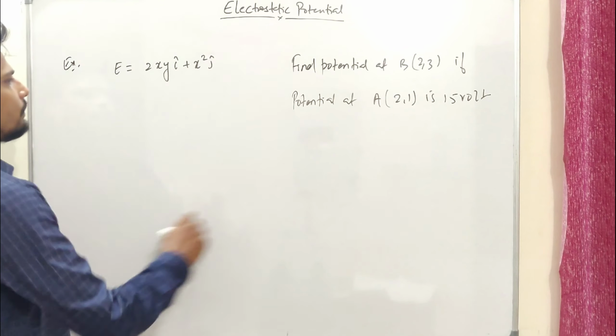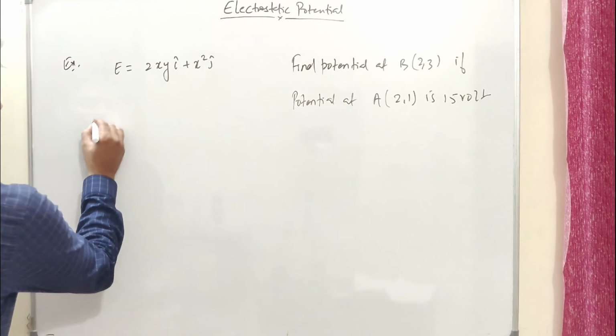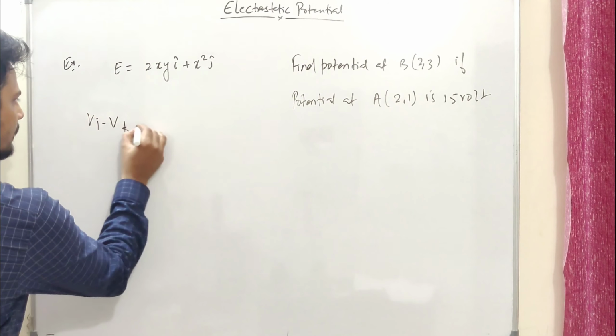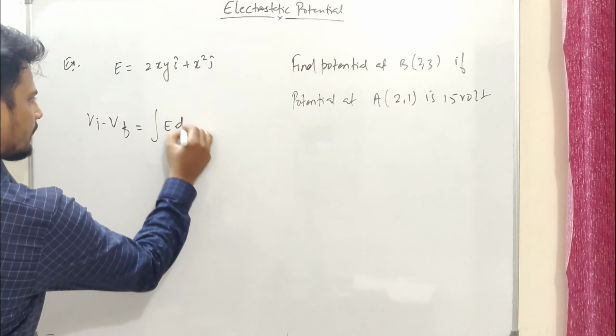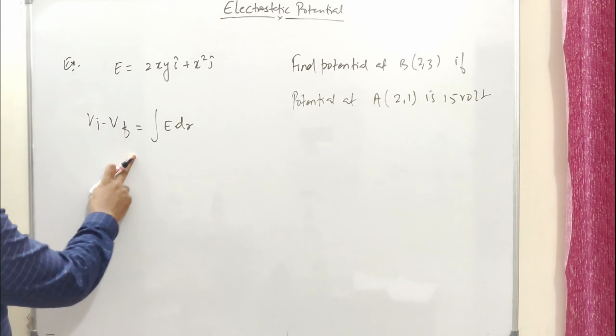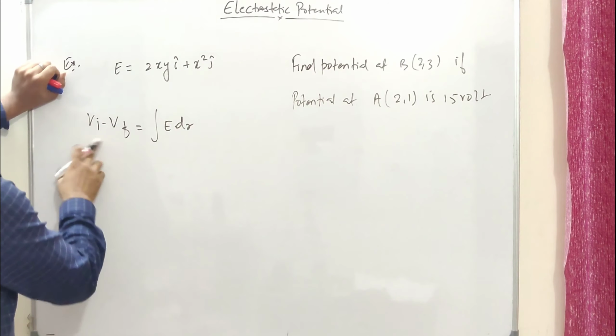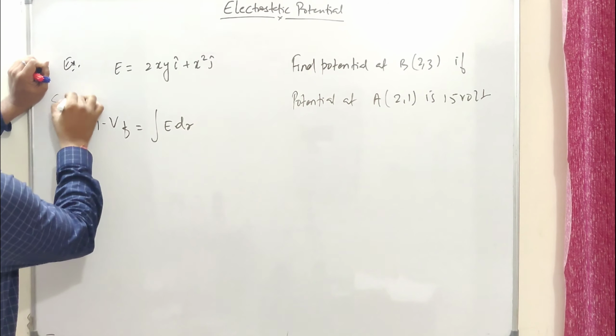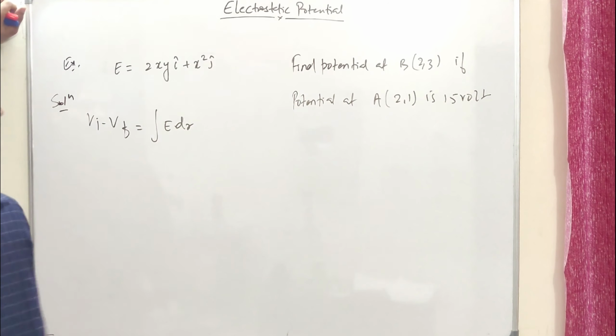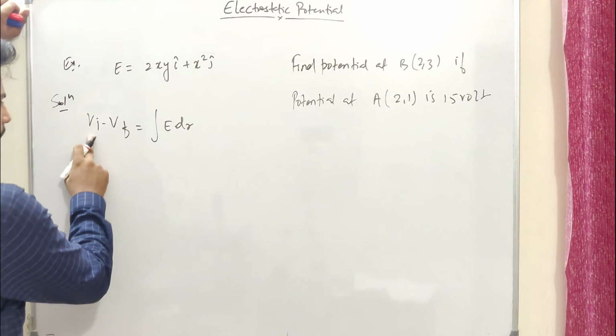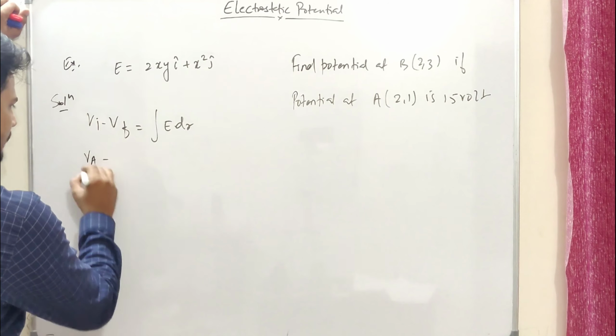So what I'm going to do, I'm going to find the voltage. You know that Vi minus Vf is equal to the integration of E dot dr. Normally we have Vf minus Vi as minus, I'm going to choose this, the best used formula. Vi minus Vf is going to be equal to the integral of E dot dr. Okay, Vi is going to be Va minus Vb.